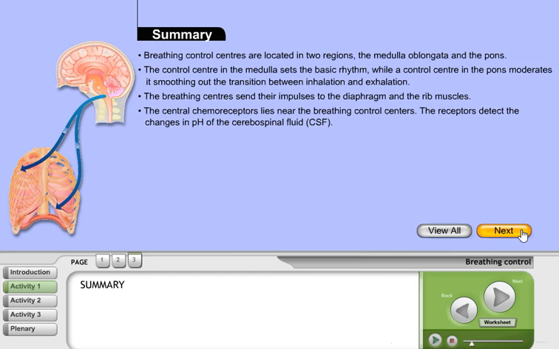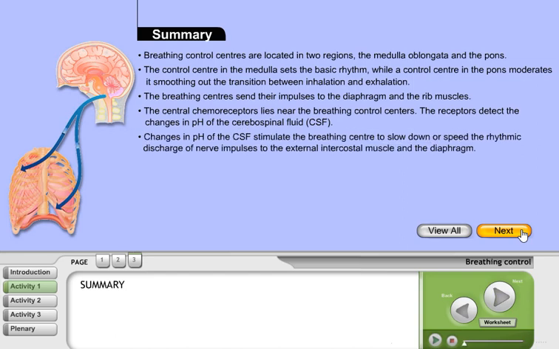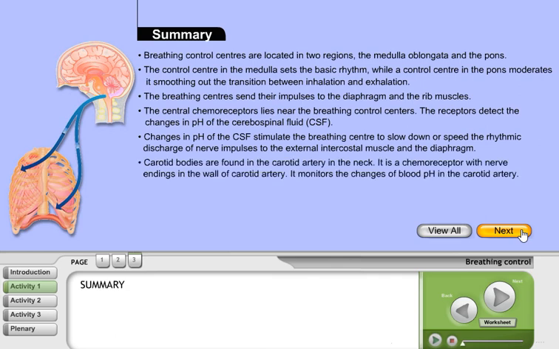The central chemoreceptors lie near the breathing control centers. The receptors detect the changes in pH of the cerebrospinal fluid. Changes in pH of the CSF stimulate the breathing center to slow down or speed the rhythmic discharge of nerve impulses to the external intercostal muscle and the diaphragm.